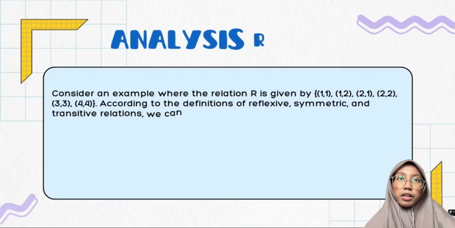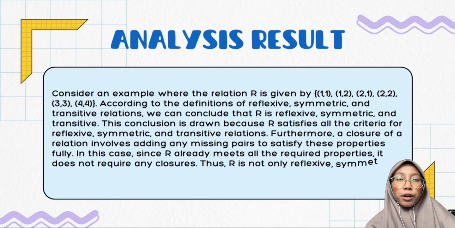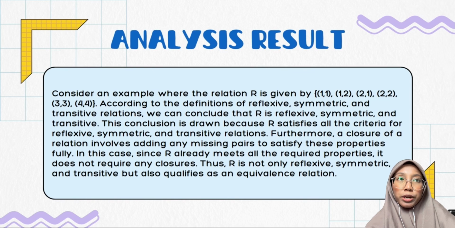Consider an example where the relation R is given by (1,1), (1,2), (2,1), (2,2), (3,3), (4,4). According to the definitions of reflexive, symmetric, and transitive relations, we can conclude that R is reflexive, symmetric, and transitive. This conclusion is drawn because R satisfies all the criteria.